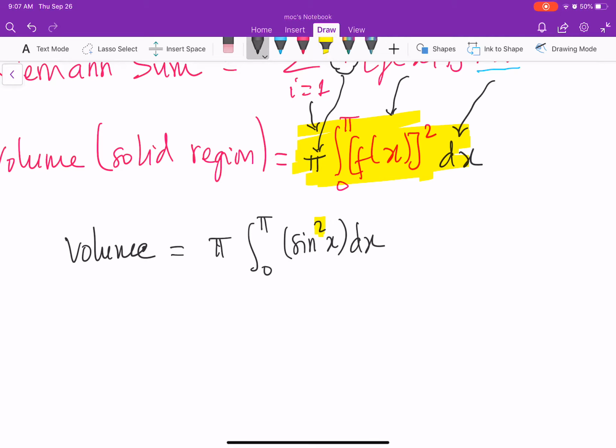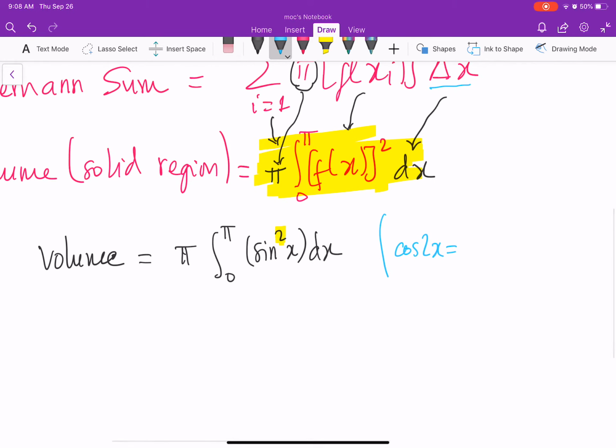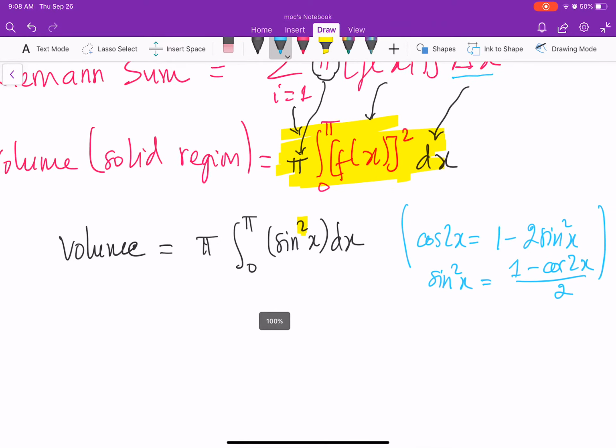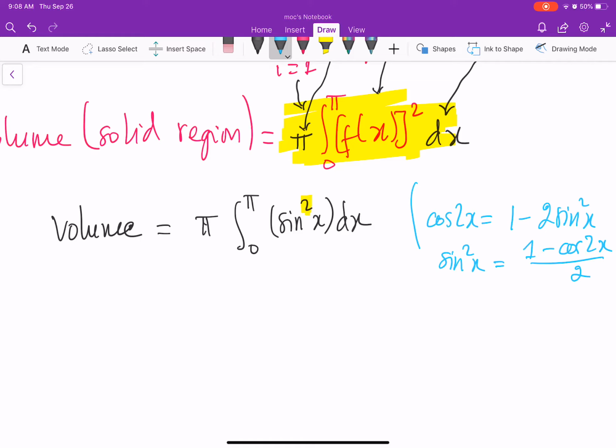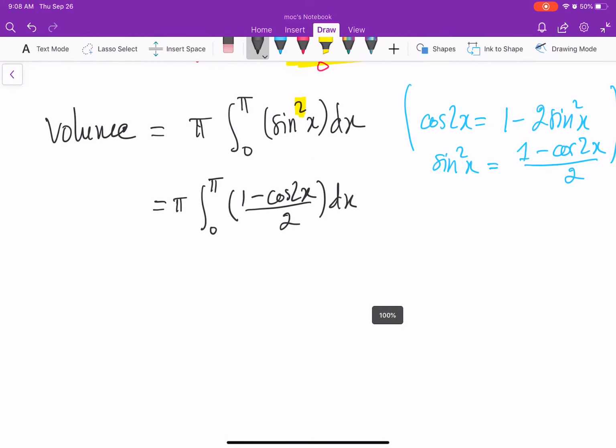We have the following formula: cosine of 2x equals 1 minus 2 sin square of x. So you can solve for sin square. You get sin square of x is equal to (1 minus cosine of 2x) over 2, okay? So I will substitute this into the formula. I have pi integral from 0 to pi of (1 minus cosine of 2x) over 2 dx.